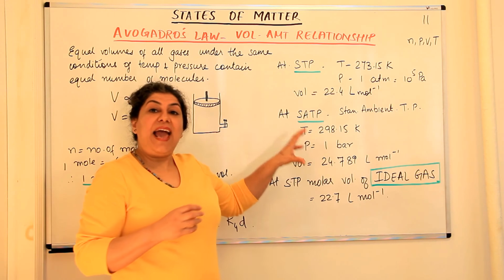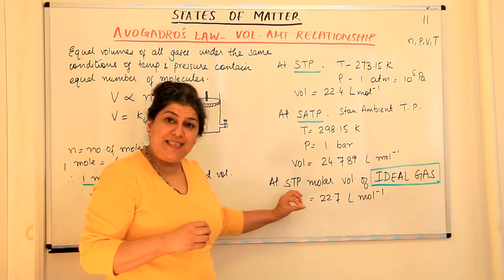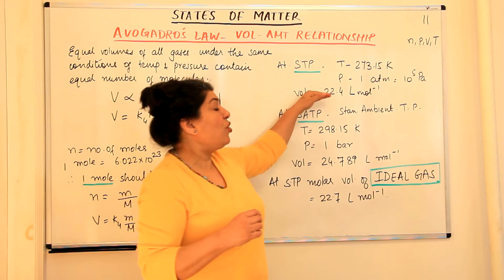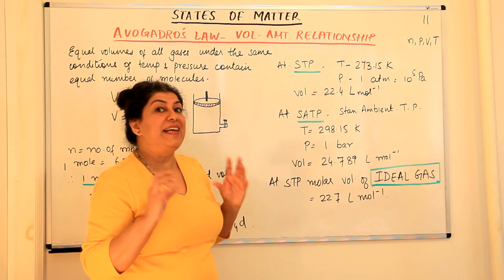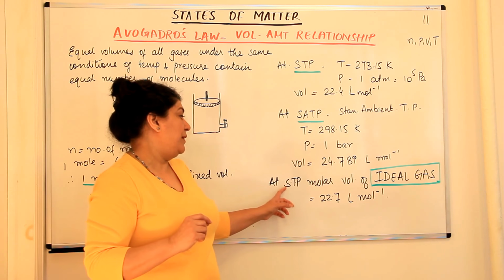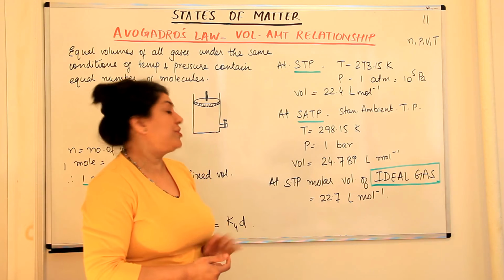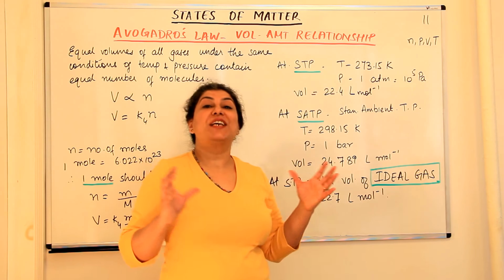So gases are non-ideal. But at STP, therefore, this volume that we get is not of an ideal gas. If the gas was ideal, then at STP conditions, the volume should have been equal to 22.7 liters per mole. But ideal gases do not exist.